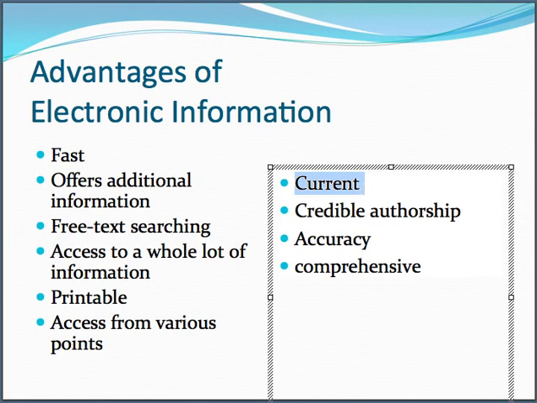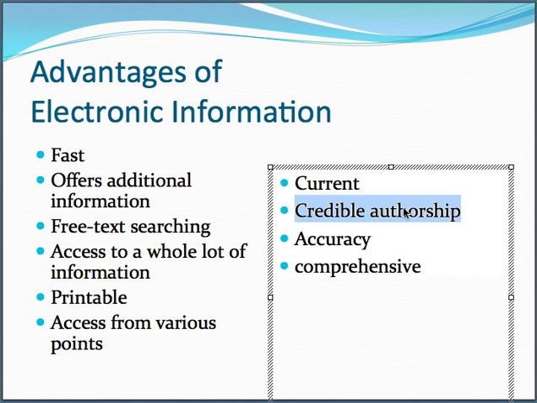In my opinion, the most important thing about electronic information when it comes from authoritative sources is that it is credible information, with credible authorship, because it has gone through the peer review process, and that's what is important.